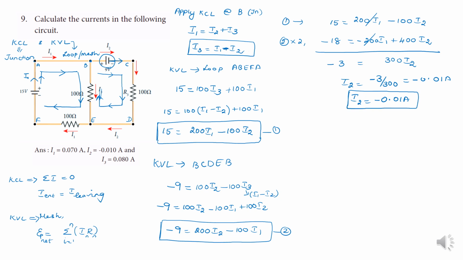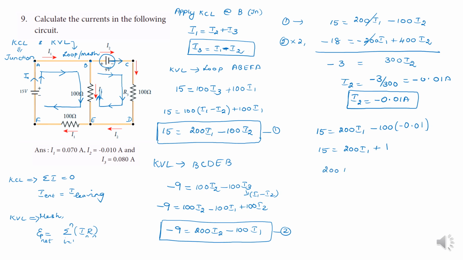So you substitute I2 in any one of the equations, right? So 15 is equal to 200 I1 minus 100 into I2, which is minus 0.01. So 15 is equal to 200 I1 plus 1.